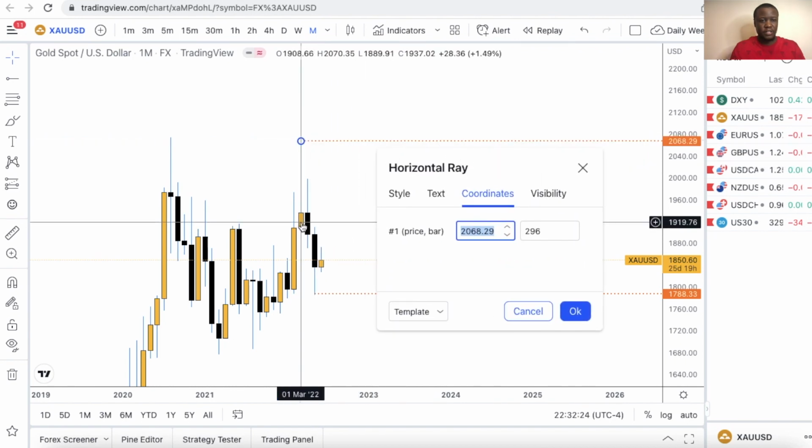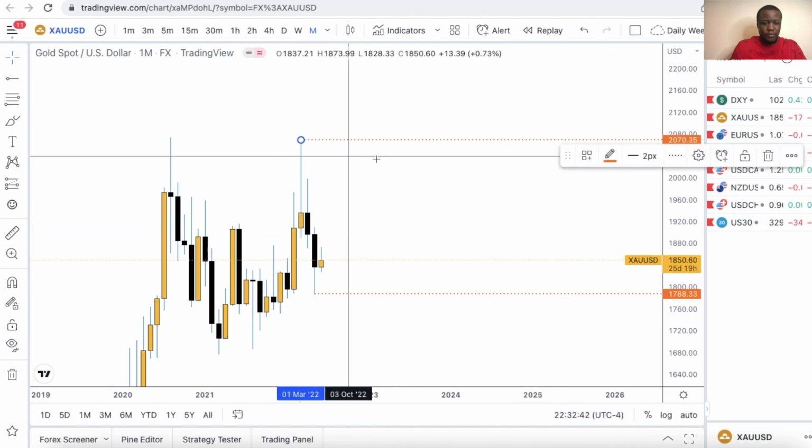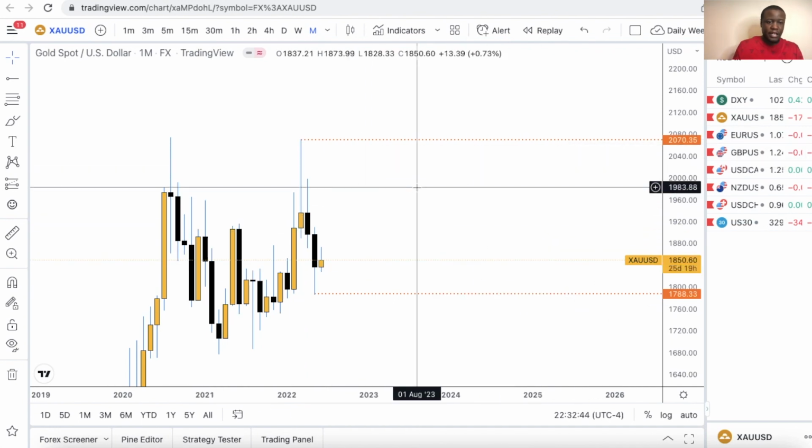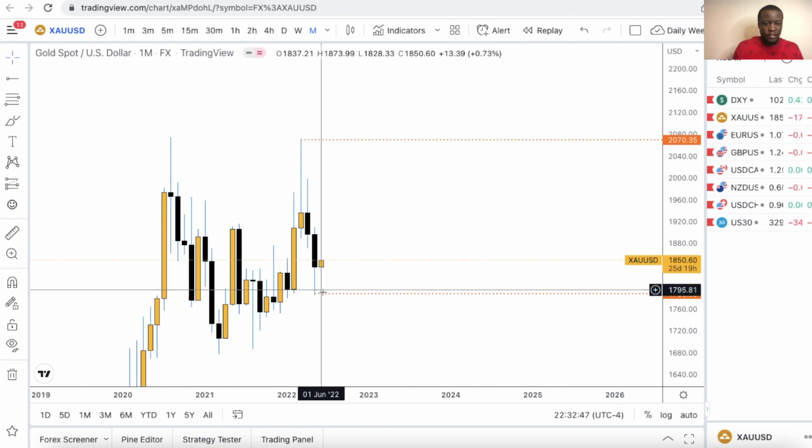So going up to the top of the screen right here, we can see what the high was: 2070.35. Yeah, so that's the absolute exact level for the high. Then we have the low.